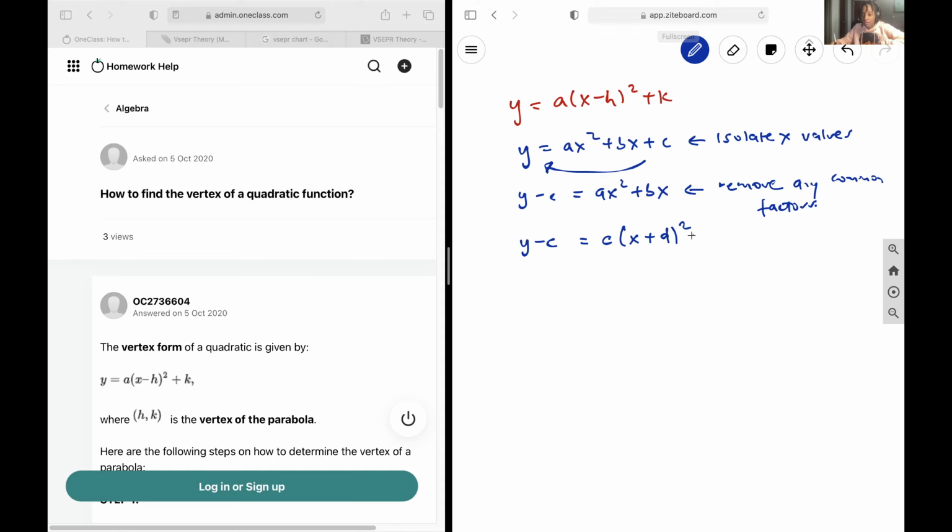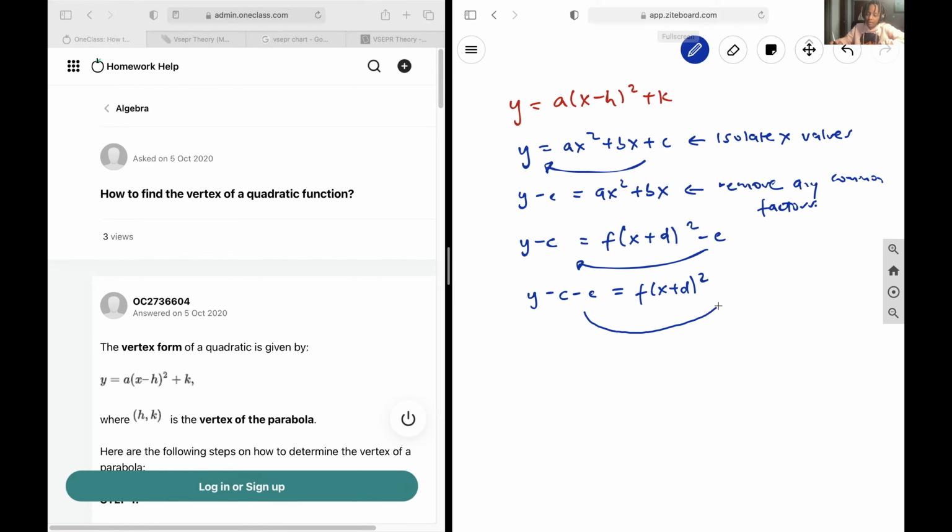And then obviously, because we've completed the square, there's going to be an extra variable that we're going to have to take out, so let's call it e. Then you're going to want to bring the e over to get y - c - e is equal to, sorry, I used the same variable twice. Let's use f instead. f(x + d)².